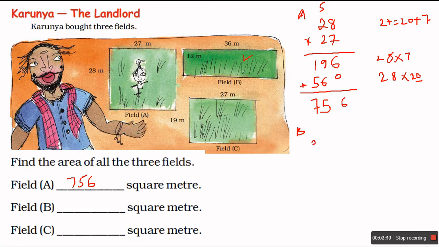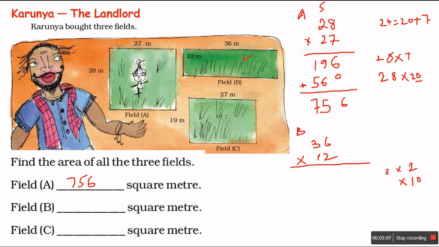Now we will calculate the area of the second field, field B. In this we will multiply 36 into 12. You know, area is length into breadth. Here again I will multiply 36 by 2 and 36 by 10.